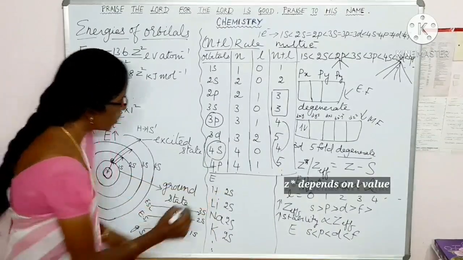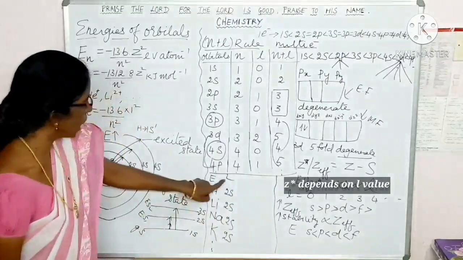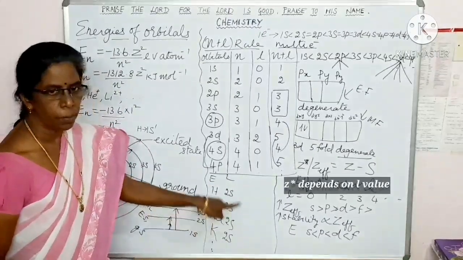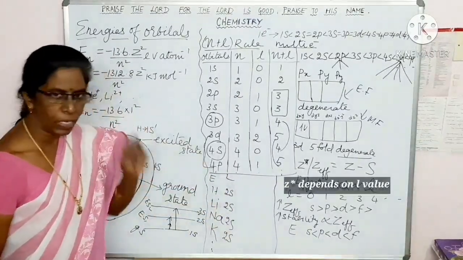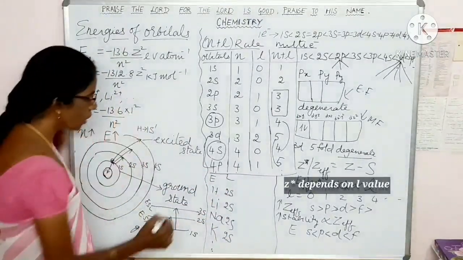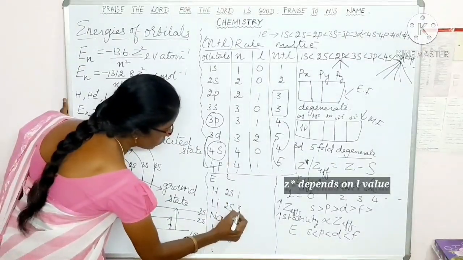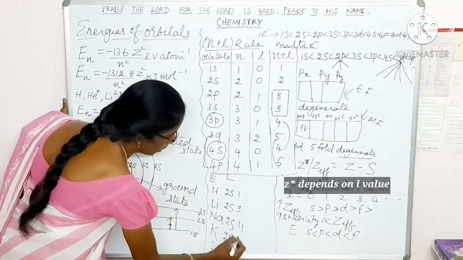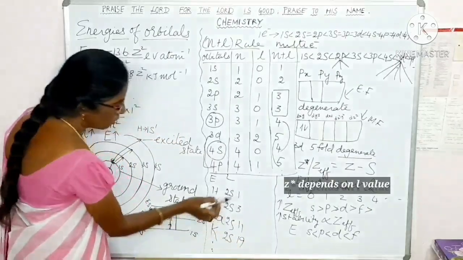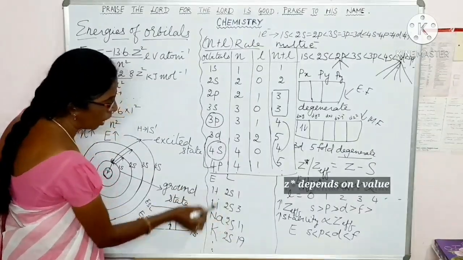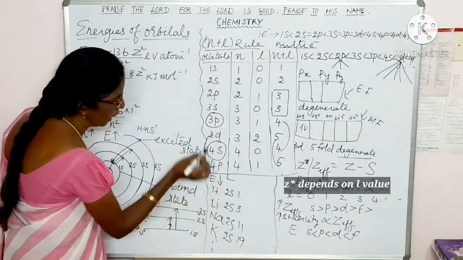What is the shell? L shell. For a given shell, when you consider the same orbitals, energy will decrease as you increase the atomic number. Here atomic number is 1, here it is 3, here it is 11, here it is 19. So as you increase the atomic number, for the same orbital, energy will decrease.